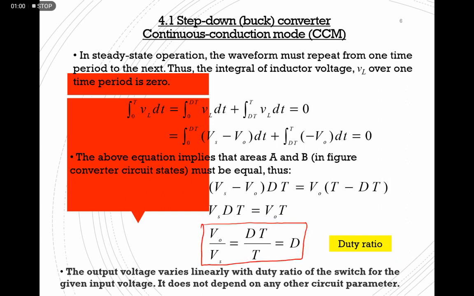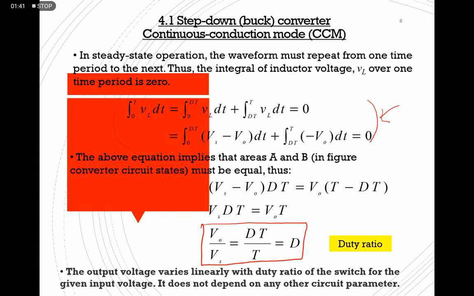So your duty cycle for the buck converter will be equal to V0 over Vs, your output voltage over your input voltage. This is the derivation to prove that the average inductor voltage is equal to 0. You can have a look here and try to integrate this in order to get 0.